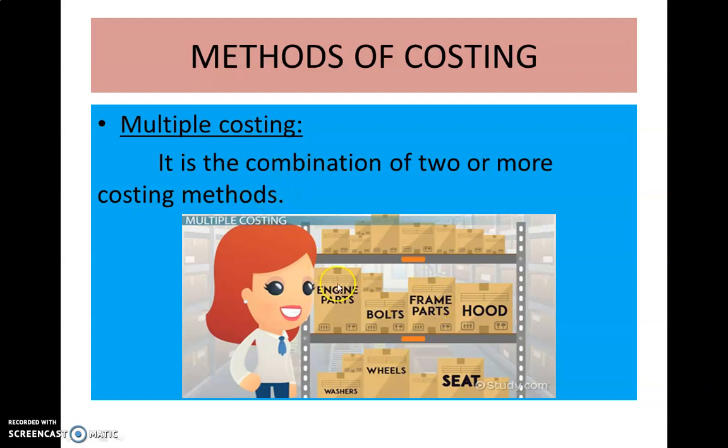You can see in this image we have engine parts, bolt, frame parts, hood, seat, wheels, washers. See, these different individual parts can be produced separately. Later they can be assembled to produce a final product, maybe a steel product or a car, whatever it may be. So it is also known as composite costing.